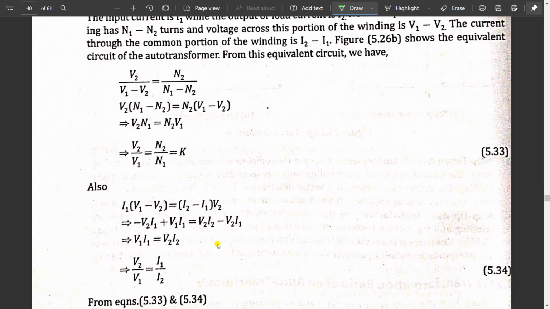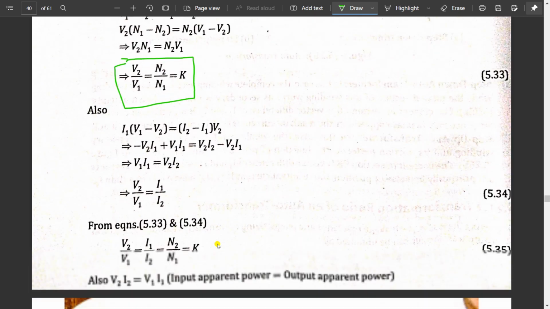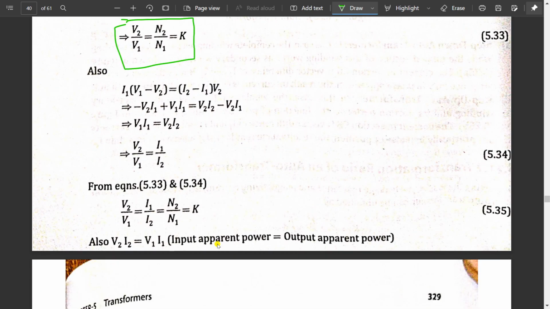Now in this equivalent circuit diagram, we can write K is equal to V2 by V1, which is N2 by N1. We discussed the transformation ratio earlier: K is equal to V2 by V1, equal to N2 by N1, and I1 by I2.